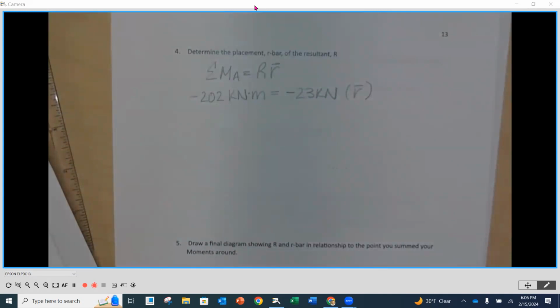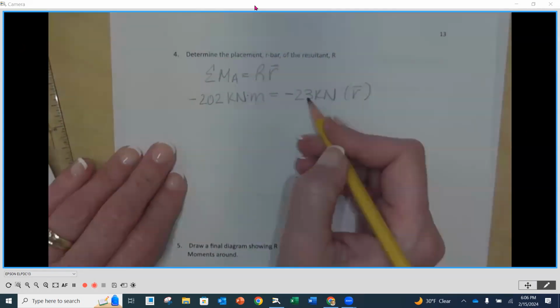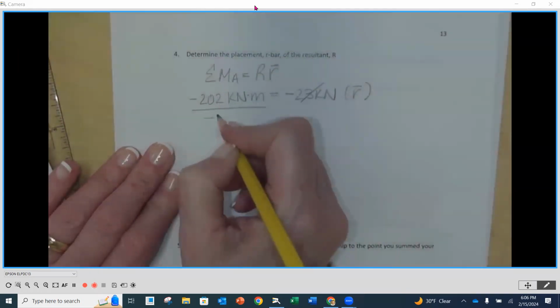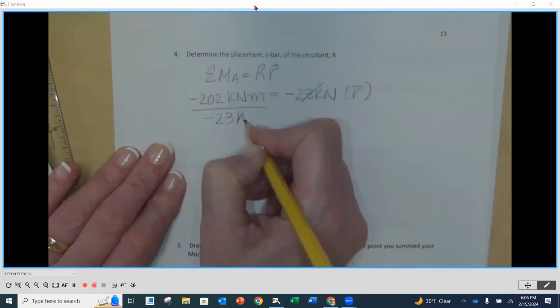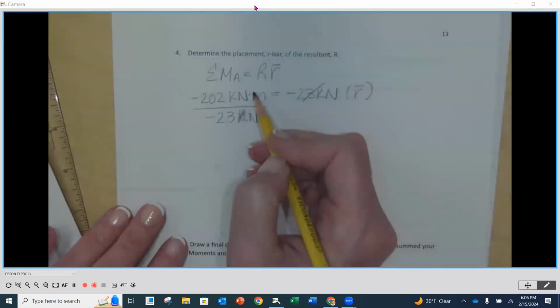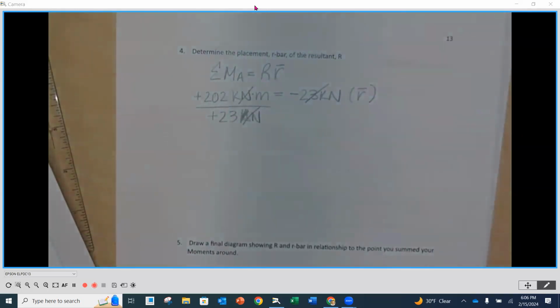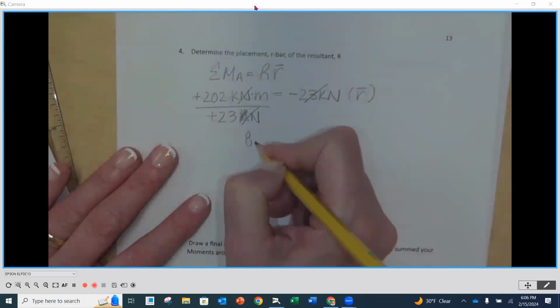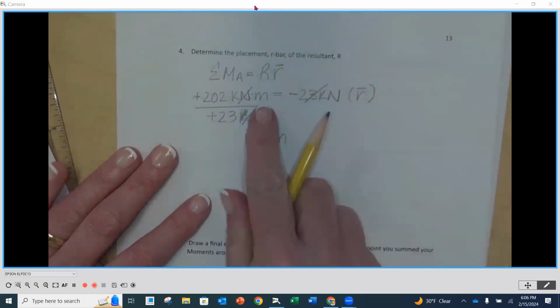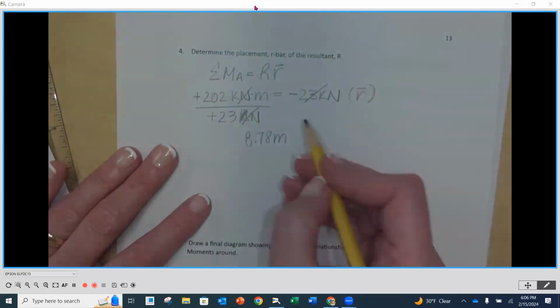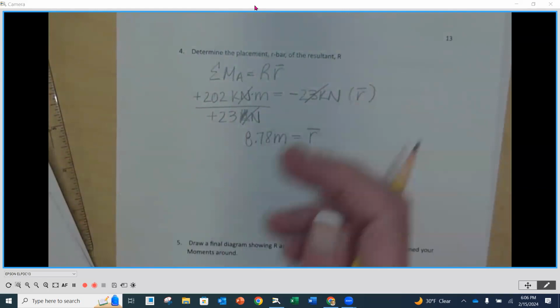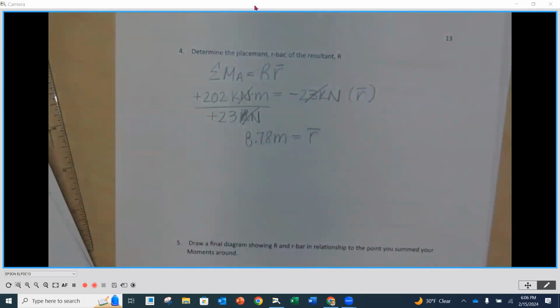So now, Josh, you're ahead of me. That's good. I like it. So now we're going to solve. Negative 23 kilonewtons on this side, right? Our kilonewtons cancel and our negatives become positive. So as Josh already figured out, we've got 8.78 meters. Notice we didn't cross out meters here. That is equal to our R bar. And as I remember, that is the correct answer. So you should be getting that as well.